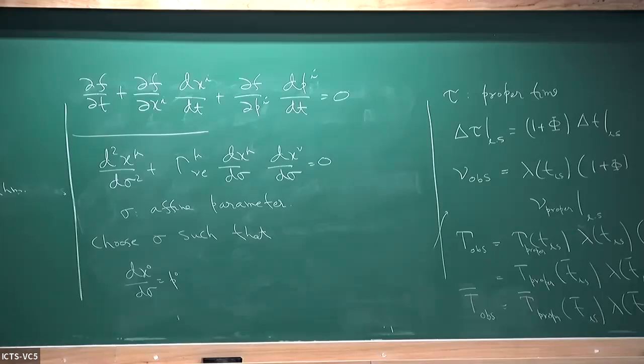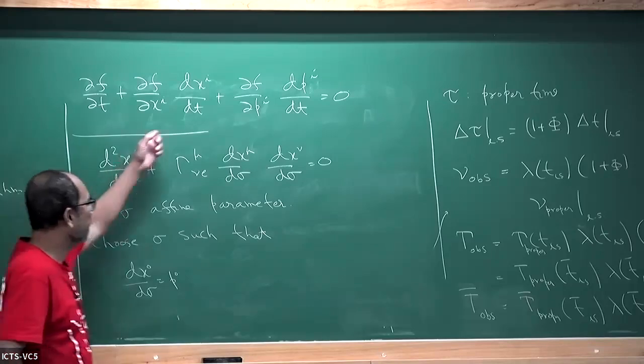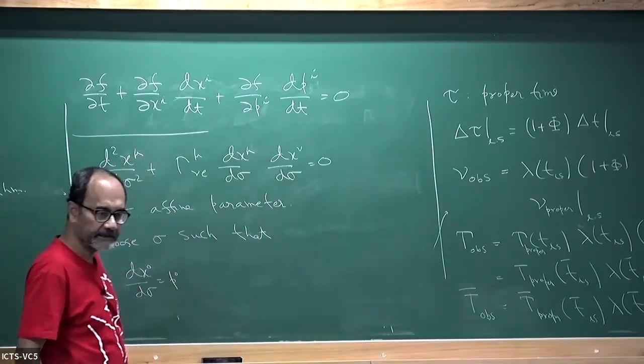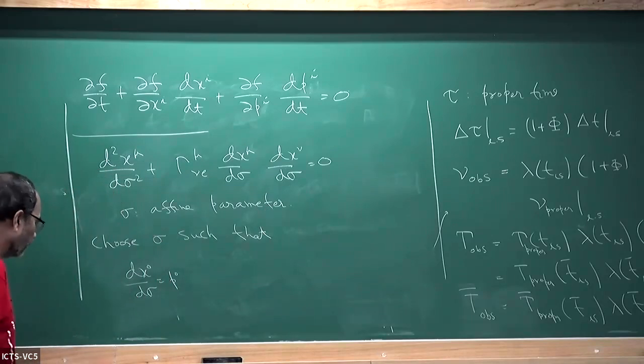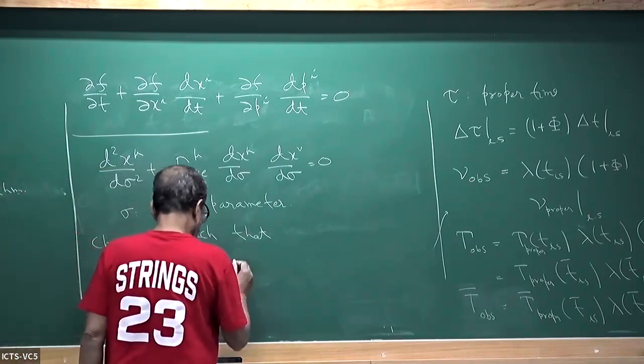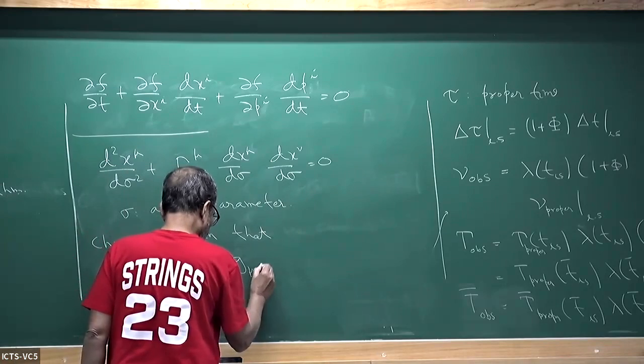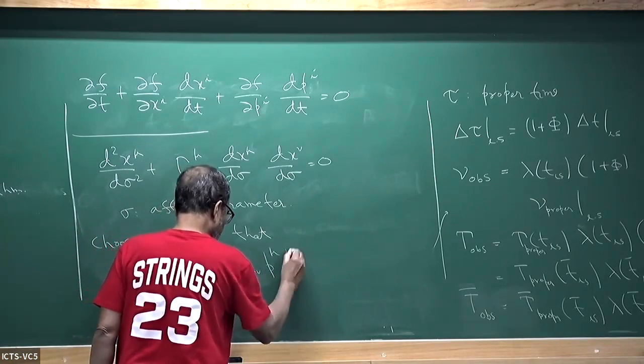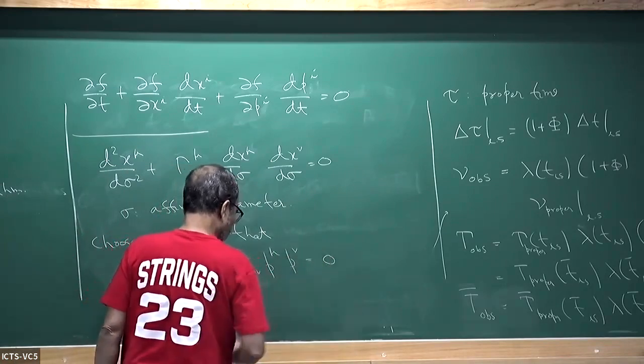Now P naught hasn't appeared in this variable. P naught is the energy, that's a derived variable. So let's try to see what P naught is. We use the fact that g mu nu P mu P nu is 0.